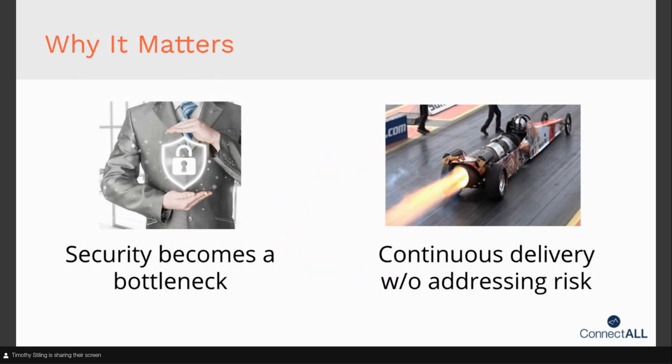The flip side is not much better. As we think about continuous delivery without addressing risk, you may have the greatest velocity in the world. You may be doing deployments 3 or 4 times a day. But if you're not addressing risk and if you're ignoring the implications of the security side of the organization, then that leaves the company open for major issues, and it leaves your customers vulnerable, it leaves your employees vulnerable, and it leaves your company's reputation vulnerable.